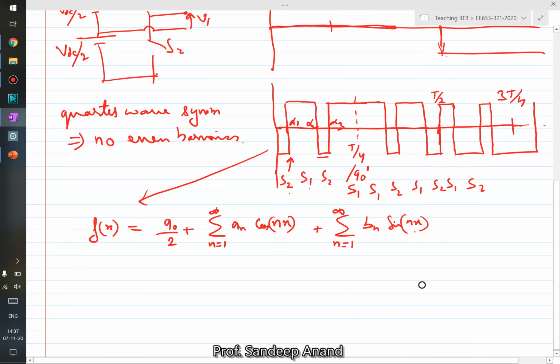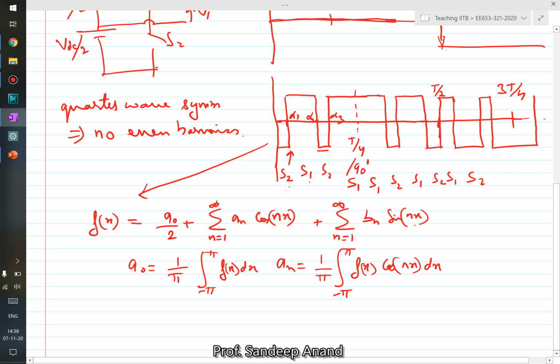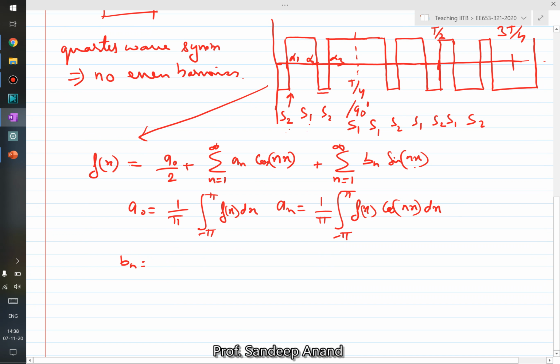Here A0 is given by 1 upon pi integral minus pi to pi f of x dx, an is given by 1 upon pi integral minus pi to pi f of x cos of nx dx, and bn is given by 1 upon pi integral minus pi to pi f of x sine of nx dx.